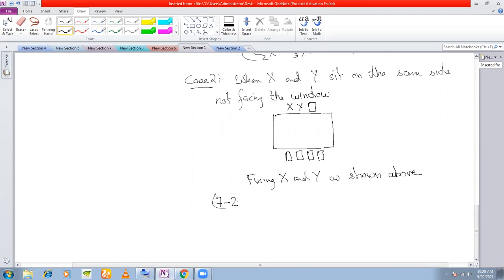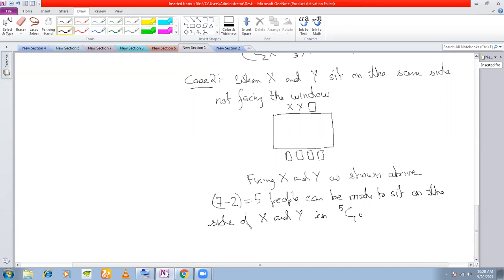How many people left? 7 minus 2 equal to 5 people can be chosen to sit on the side of X and Y in 5C1 ways. That means this chair here can be occupied in 5C1 ways, right?